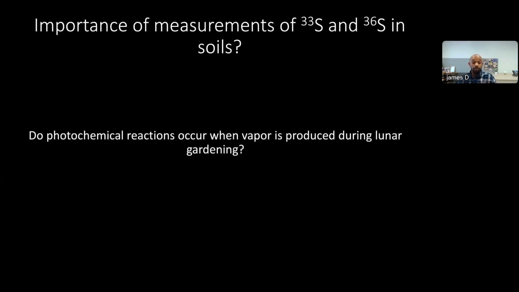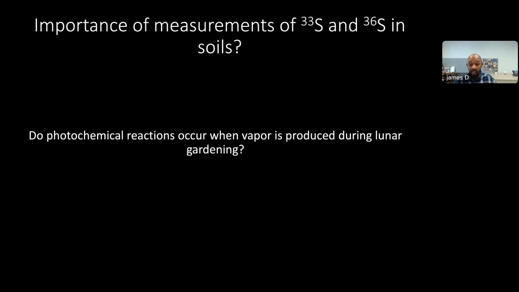So to place constraints on how that condensed layer of vapor could have been fractionated, we could potentially look to the minor isotopes of sulfur. This is a way to potentially first determine whether there's evidence of photochemical reactions that occurred, say when the vapor was produced from the micrometeorite impacts.